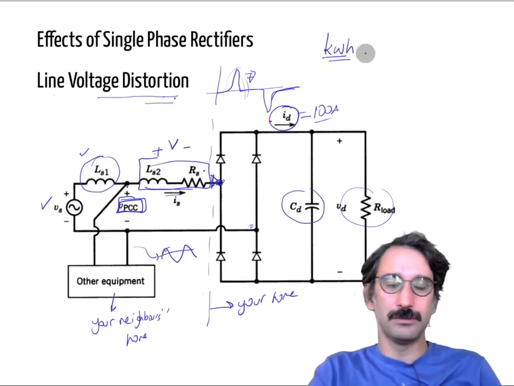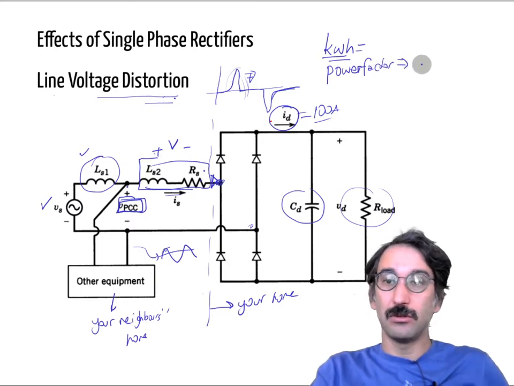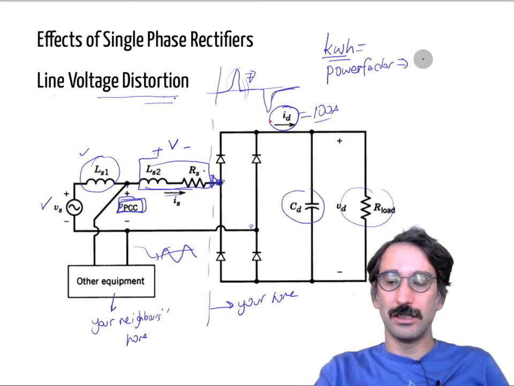So they send you an invoice depending on your usage. But on industrial applications, they are checking for power factor. So you need to have some kind of compensation. You can't draw too much inductive or capacitive current, otherwise you have to pay a fine.